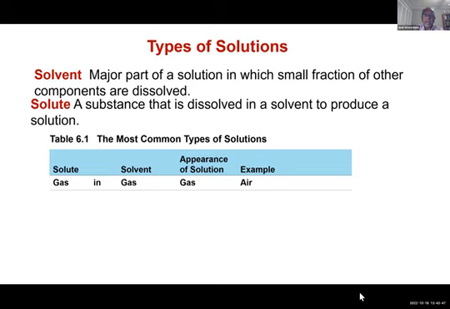For example, air is a homogeneous mixture of mainly nitrogen and oxygen. Example is air. Gas in a liquid: carbon dioxide can be dissolved in water to produce carbonated water. The major component, the solvent, is liquid, which is water, in carbonated water.